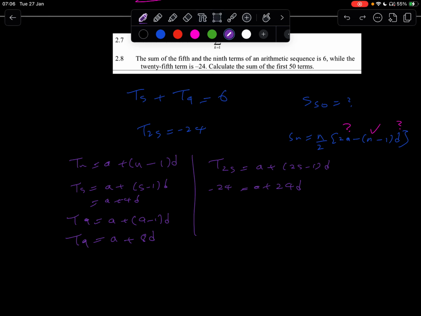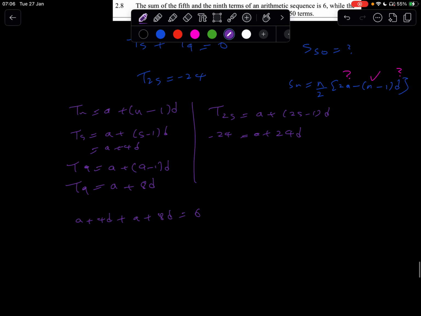The second equation will come from T5, which is a plus 4d, plus T9, which is a plus 8d, equals 6. Two equations, two unknowns, so you can solve simultaneously. We've got 2a plus 12d equals 6. So here we're going to say negative 24 minus 24d equals a.